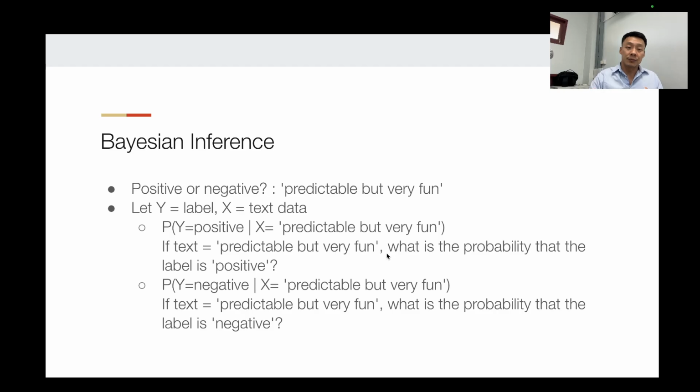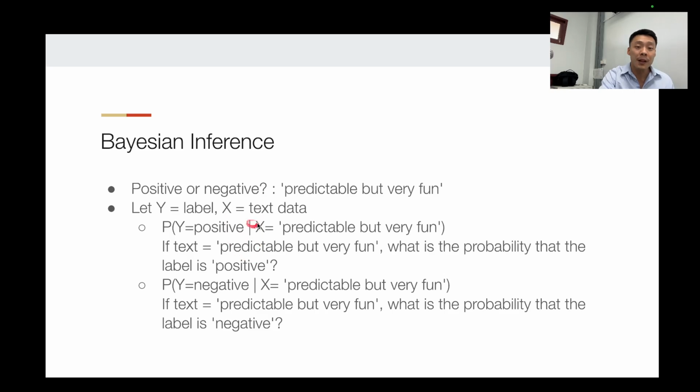Here's how it works. It uses probability. You have two variables, x and y. y is a label, x is the text data. You want to create a probabilistic model. P of y is positive, given, we say given that, or it means you already know that.